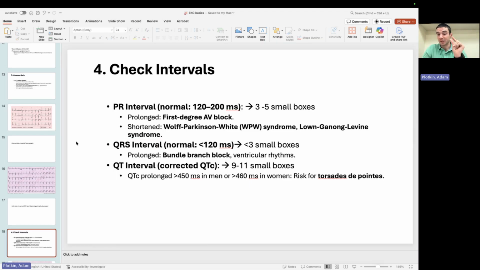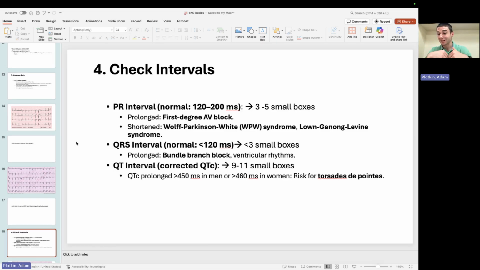And the one thing I want to say about the QRS interval, if the QRS is narrow, right? If it's less than 120 milliseconds or 3 small boxes, that tells me my heart is following the normal conduction pathway. SA node, AV node, bundle of His, ventricles, and start again. If my QRS is wide, what that tells me is somewhere else is starting the beat, right? We're not going down the normal pathway. So maybe it's starting from the ventricle, maybe it's starting from some random place up in the atria.